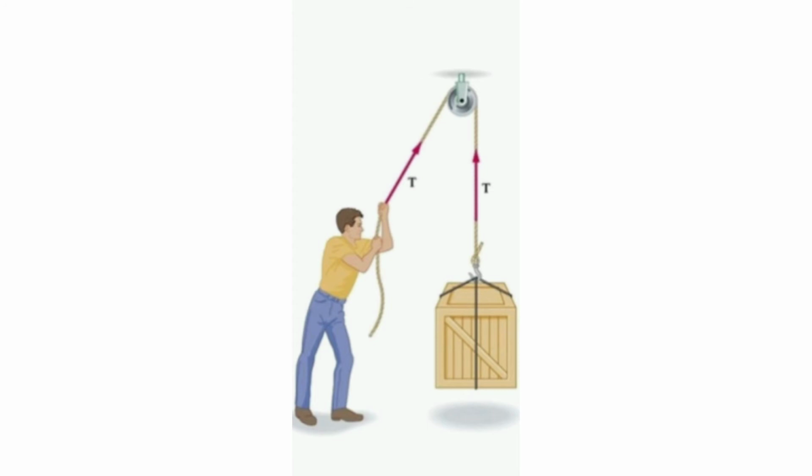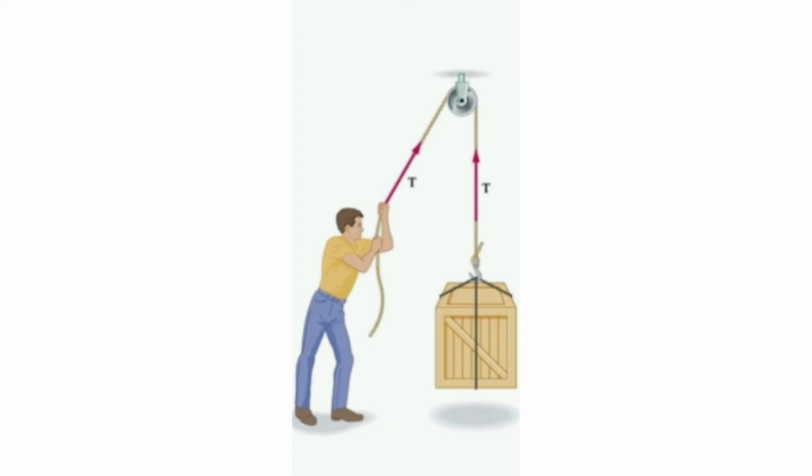Look here. One box is there. One man is pulling the box using the rope. He used a force to move the box. This force is called tension force because the man is pulling the box.